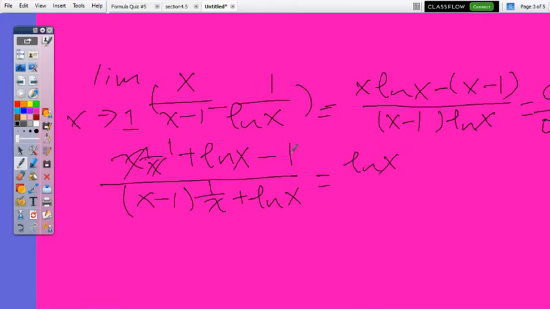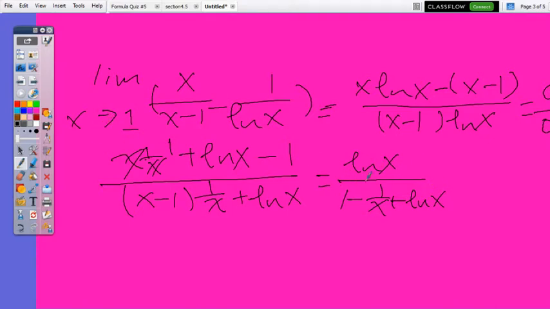So 1 minus 1 gives you 0, and we're just left with natural log of x on the top. And then the denominator, we distribute, so we get 1 minus 1 over x, and then plus natural log of x.